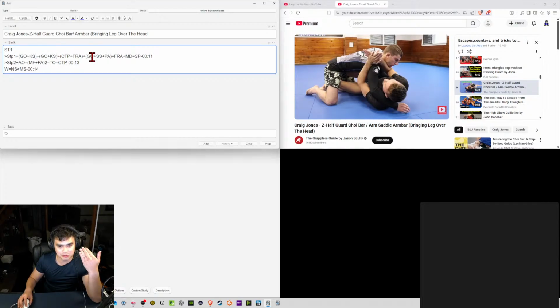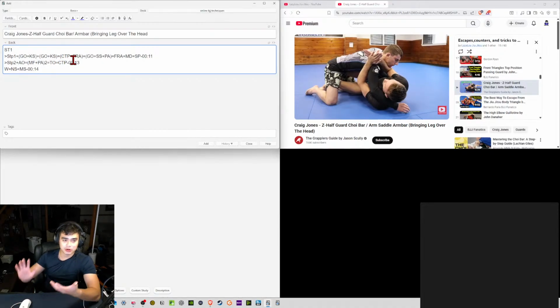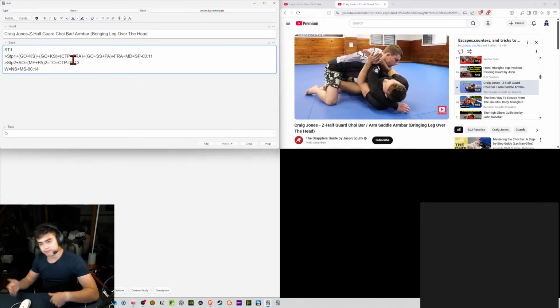That makes sense to me, where it fits the context for me to logically guess and connect it with the correct way of thinking that fits the context of the video demonstrated. So I can say, when my opponent pushes away in this certain position right here, that's my opportunity to let go and clasp to start setting up this Choi bar.